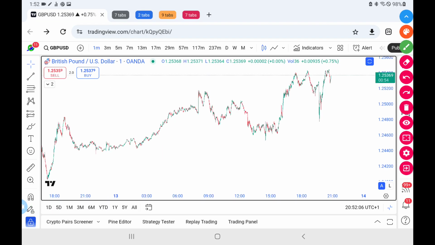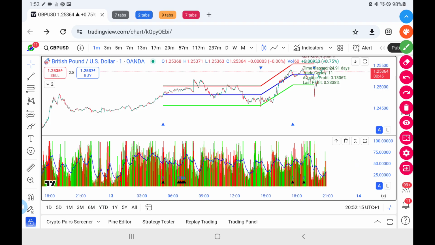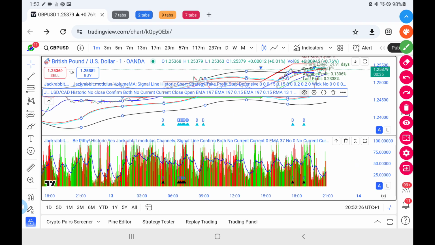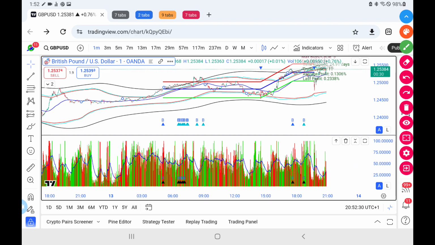Okay, we are now in TradingView looking at the combination. Let's zoom out a little bit. And we see the channels volume indicator. Let's display the channels. And you can see that this is pretty much a complicated mess on the screen if you don't know what you're looking for.